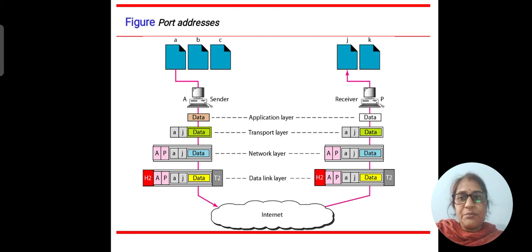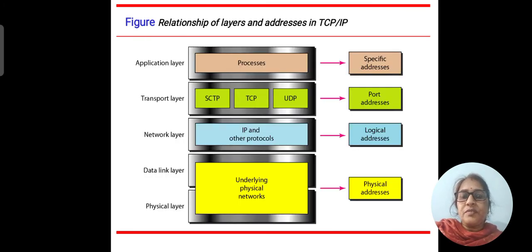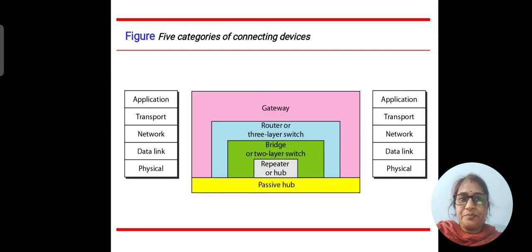This is nothing but our port address work. The next slide is the same as shown in the earlier slide, that is the relationship of layers and addresses in TCP/IP.